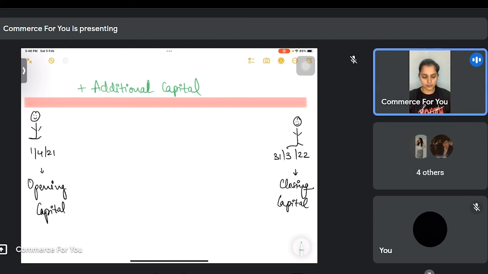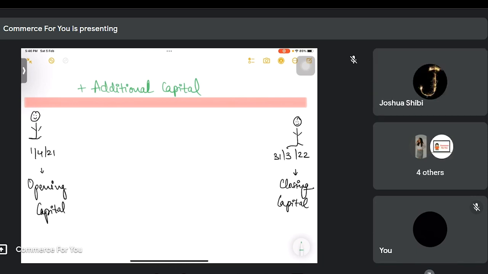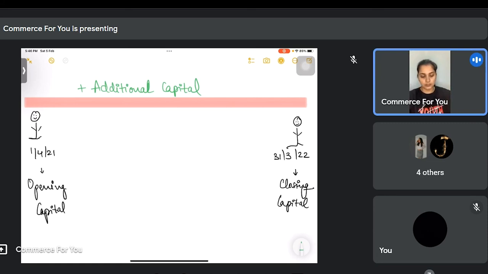How would you adjust it? If there is drawings during the year, Joshua, so what will be its impact on your capital? Will that be reducing it or increasing it? We are reducing. That means we are going to subtract our drawings, minus drawings.